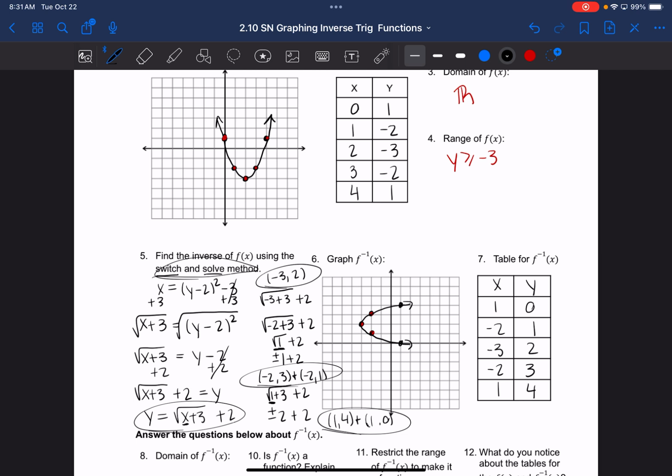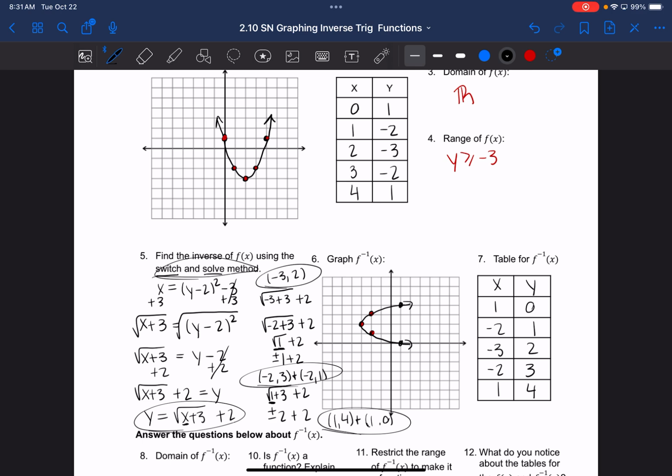It didn't just reflect over the x-axis, right? It didn't just reflect over the y-axis. Both, right. It reflected across the line y equals x. Very good. So if you were trying to just change your graph, you could just reflect your points across the line y equals x. In other words, that's going to flip your x and y values.